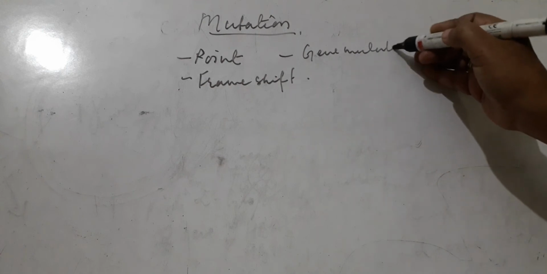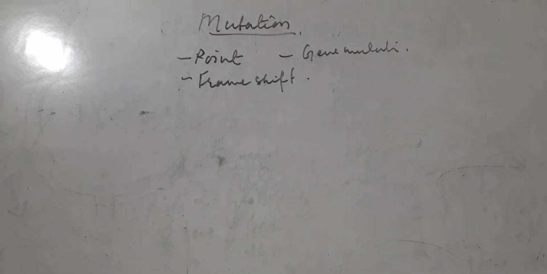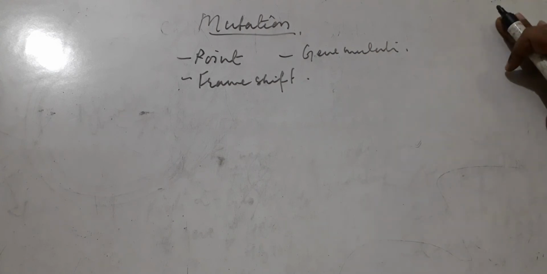Gene mutation means at one fixed point, if something is changed, any change in nucleotide sequence nature can affect the expression of gene adversely. The mutant gene and the original gene are situated at the same fixed point. So it is called as point mutation. This type of mutation occurs in molecular level, usually at the time of DNA replication.